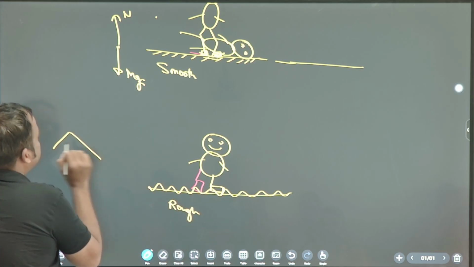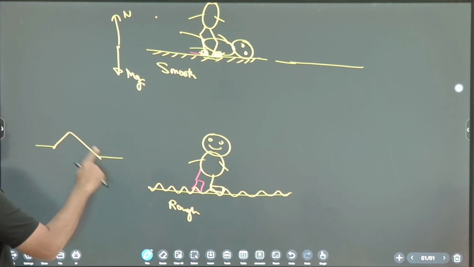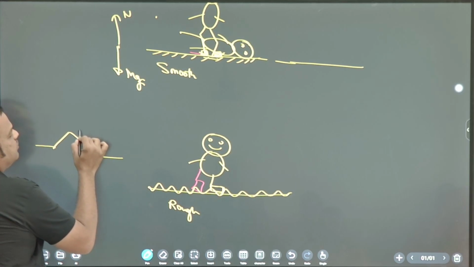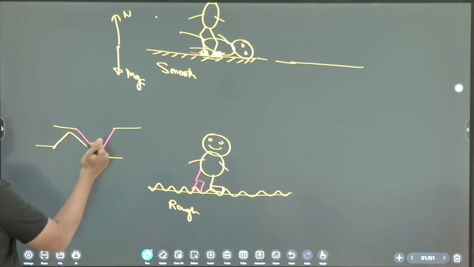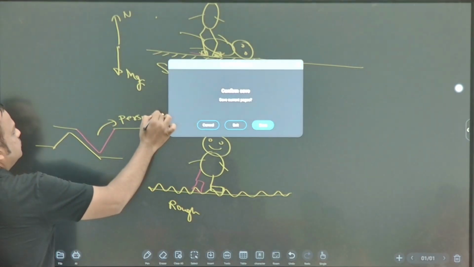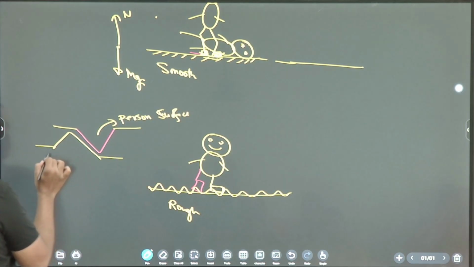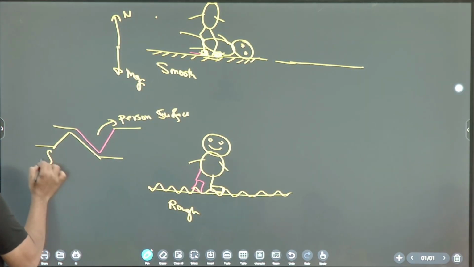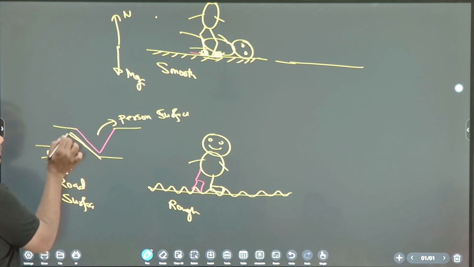Now you see the surface hill. This is known as the hill of the surface, and this is known as the valley of shoes or legs. So this is the person surface, and this is the ground surface or floor or road surface. So it is a rough surface.